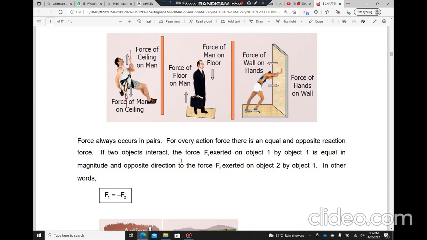If two objects interact, the force F1 exerted on object 2 by object 1 is equal in magnitude and opposite in direction to the force F2 exerted on object 1 by object 2. In other words, F1 equals to negative F2. So untuk Newton's third law, kita guna formula F1 equals to negative F2. Dia berpasangan tetapi direction yang berbeza.